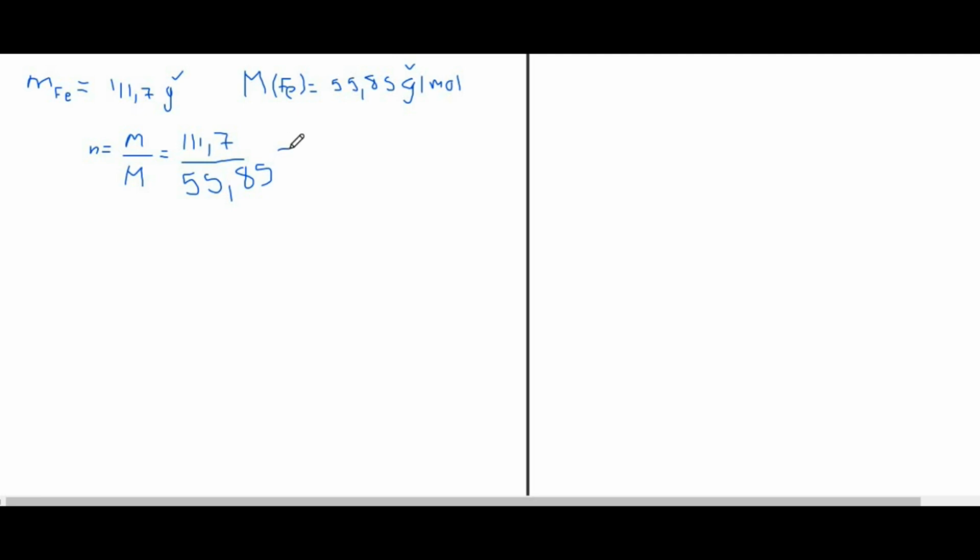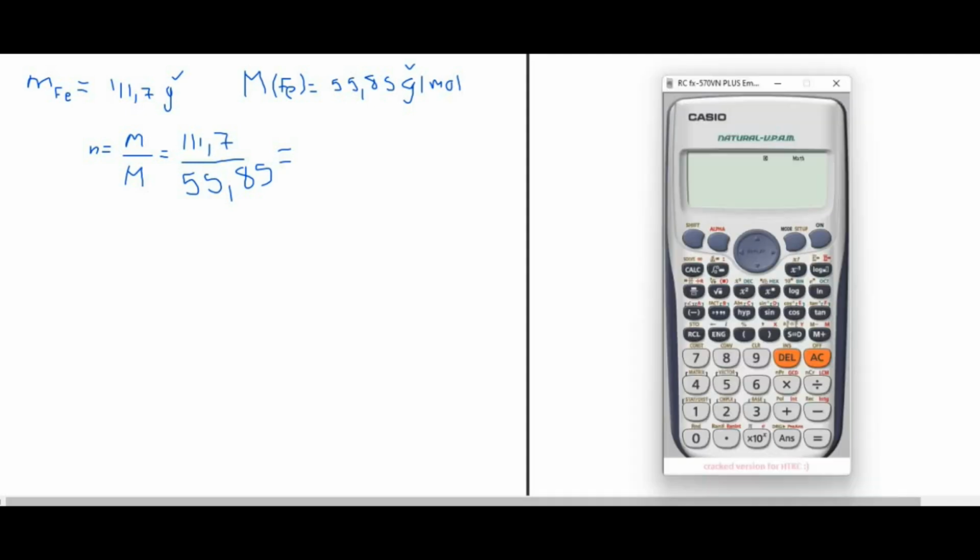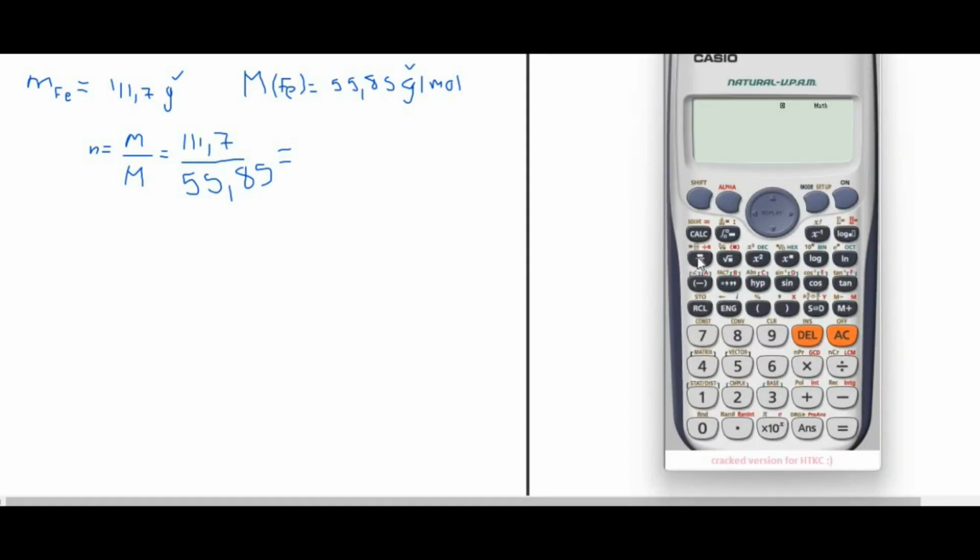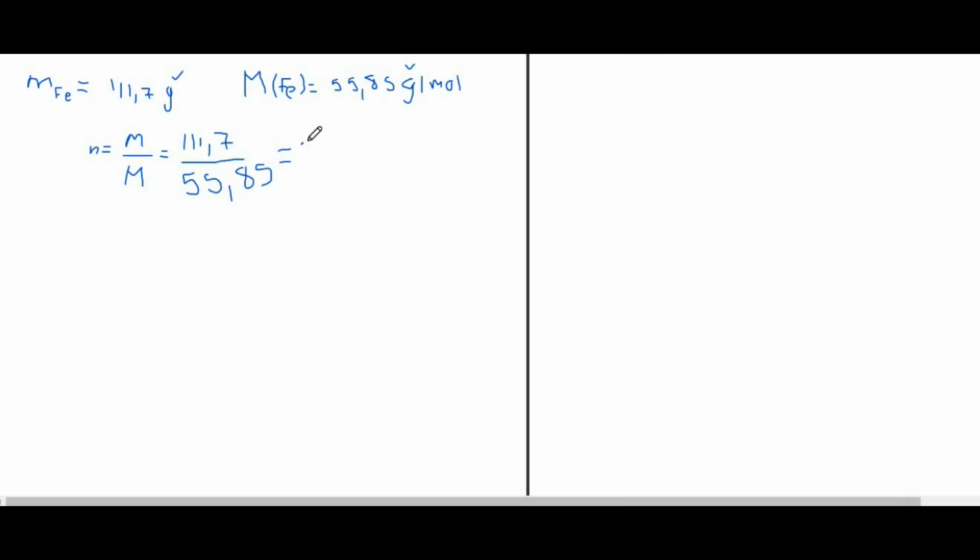You can put this value on the calculator. Let us try that. You see there's a calculator over there. You say, okay, I have 111.7 divided by 55.85, and let's see how much that is. It's going to give you a value of 2.